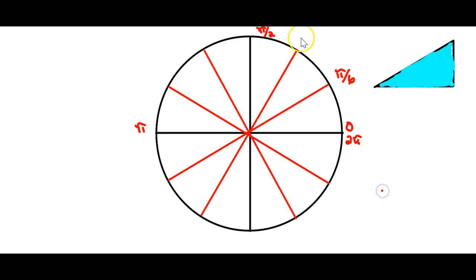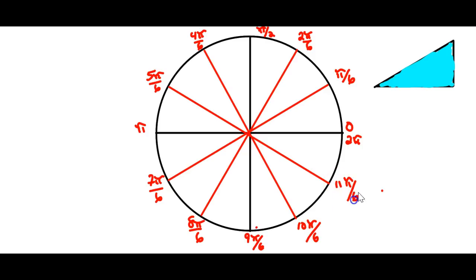That's 1 pi over 6, 2 pi over 6, 3 pi over 6, 4 pi over 6, 5 pi over 6, 6 pi over 6, 7 pi over 6, 8 pi over 6, 9 pi over 6, 10 pi over 6, 11 pi over 6, and then 12 pi over 6, which is 2 pi.